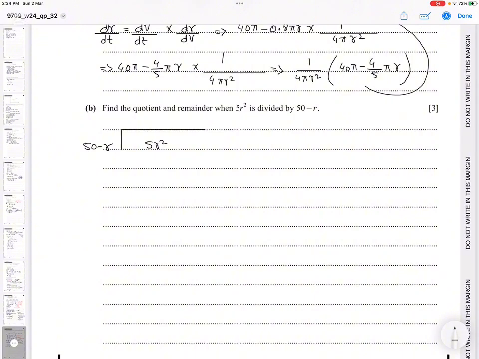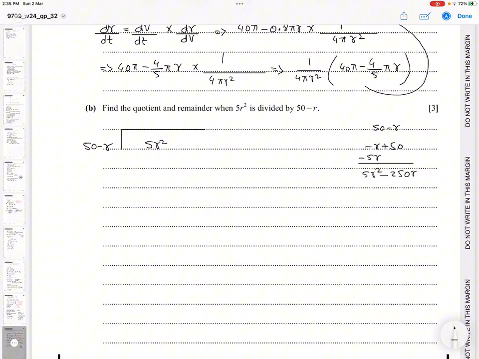So you write 50 minus r, like minus r plus 50 you can also write. And now you have to bring 5r square from minus r. So I multiply minus 5r with it, so I get positive 5r square. Now minus plus minus 250r.